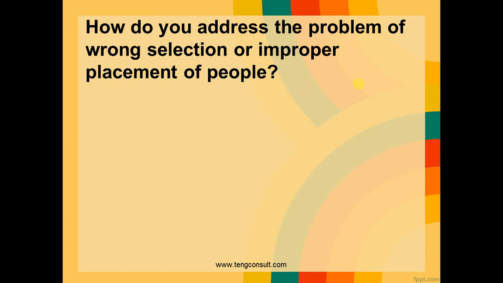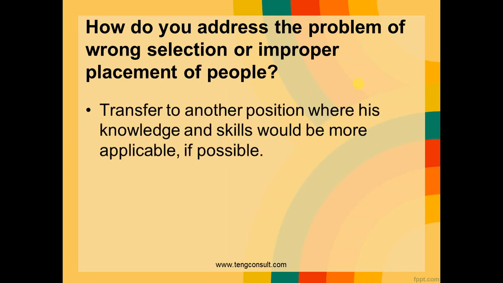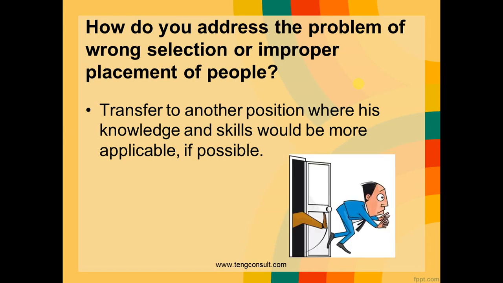If the employee lacks both job knowledge and a favorable attitude, that person may be improperly placed in the position. This may imply a problem with employee selection or promotion and suggests that transfer to another position where his knowledge and skills would be more applicable might be considered if possible, or, when there is no other recourse, discharge from the job.